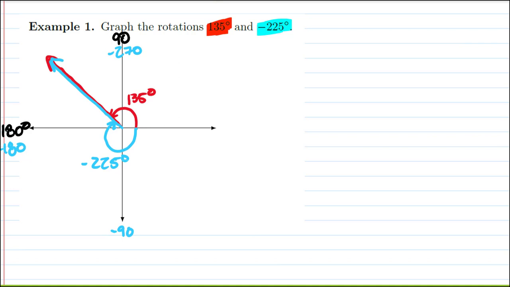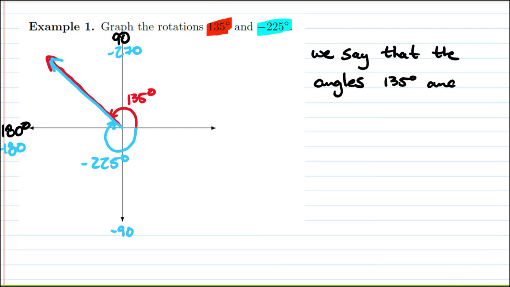So we say that the angles, 135 degrees and negative 225 degrees, are coterminal.